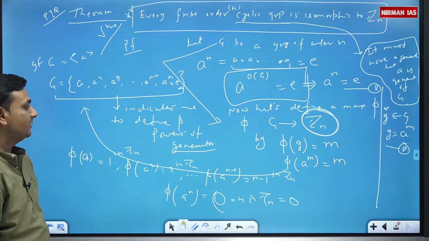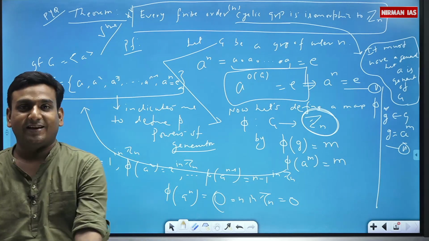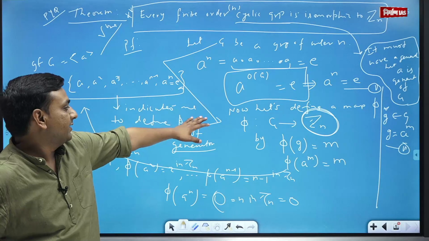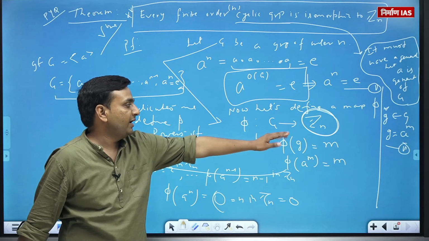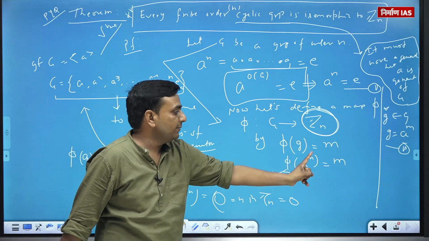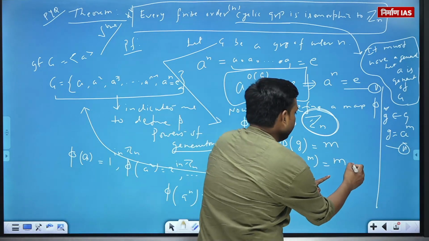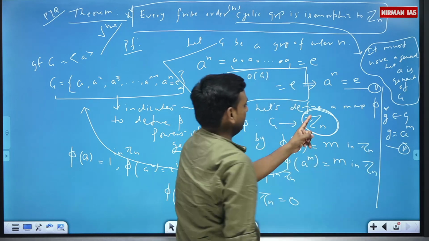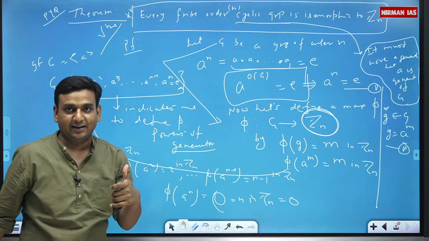You are getting my point? I think I am done. If you are defining some mapping G to Zn like phi of a composed m times as m, this m will be in Zn, because your codomain is Zn.